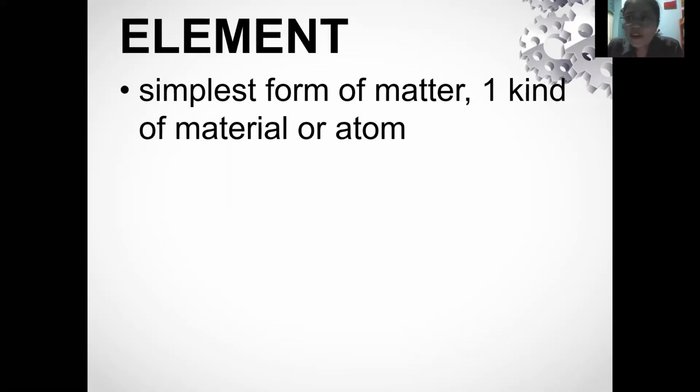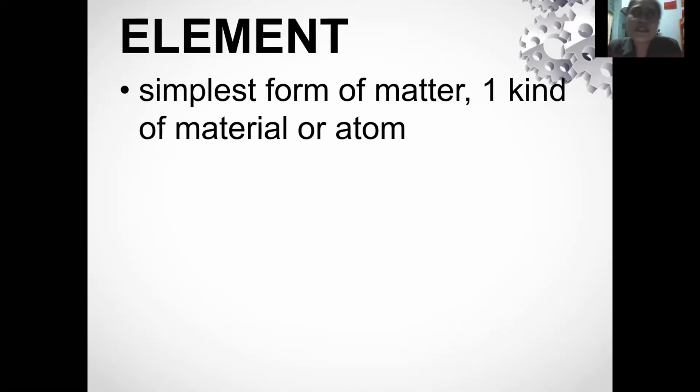So again, elements can be classified as either metals, non-metals, and semi-metals, or metalloids. When you say metals, they are good conductors of electricity and heat. For example, gold is the king of all metals, because among the metals, gold is the best conductor of heat and electricity. Now, metalloids have properties in between metals and non-metals.